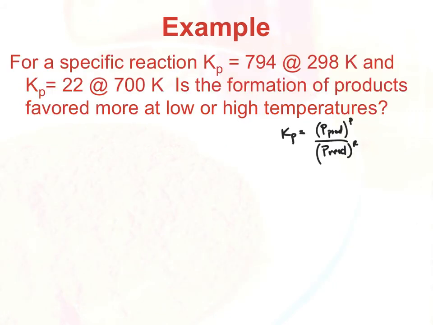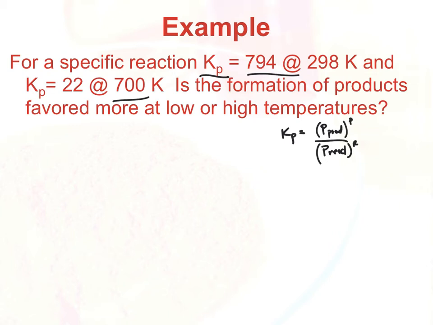So in this case, they're asking us to look at a specific reaction and the equilibrium constant values associated with that specific reaction at different temperatures. And they want us to assess if the formation of products is favored at lower or higher temperatures.